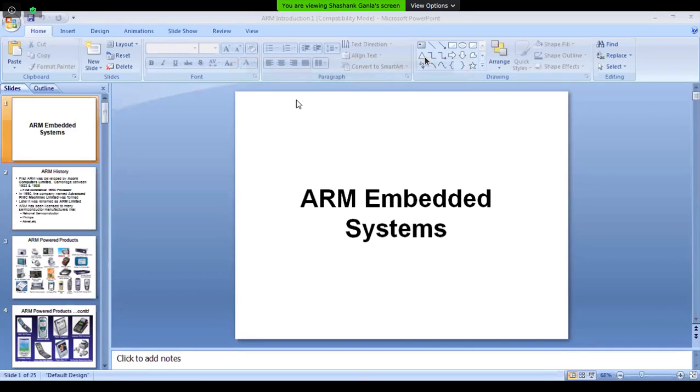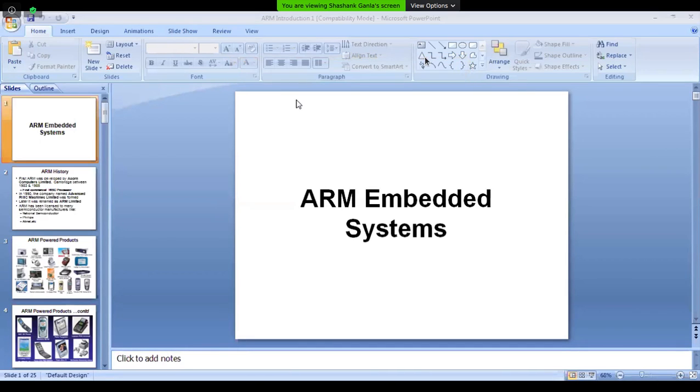It became popular somewhere in the mid 90s, and from then onwards there was no stopping the ARM core. It has dominated the world of the embedded market, with more than 80% of products being designed using ARM architecture. Predominantly, these products are cell phones, mobile phones.